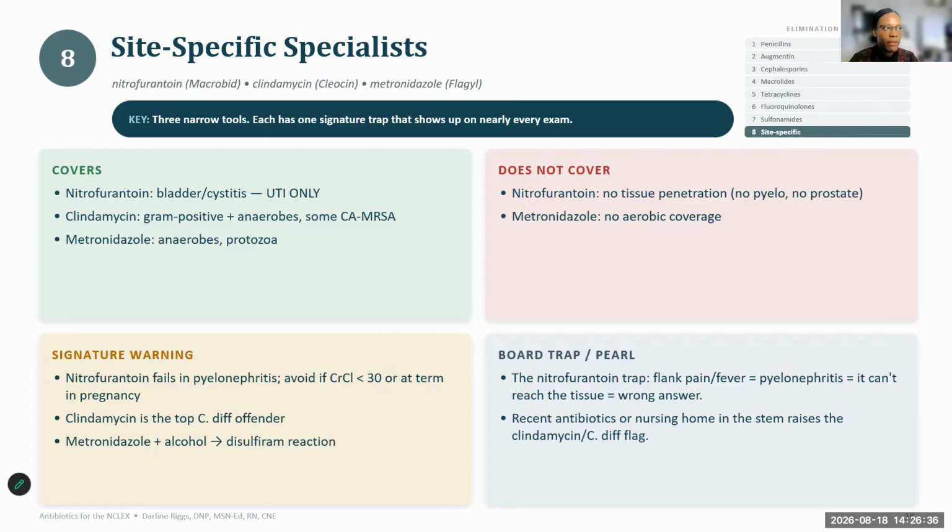This will not work, okay? So if it's pyelonephritis, remove the nitrofurantoin, it's not going to work. If creatinine clearance is less than 30, this is not the medication. If they're pregnant, especially in their third trimester, this is not the drug for them. So you see there are a few signature warnings with those medications.